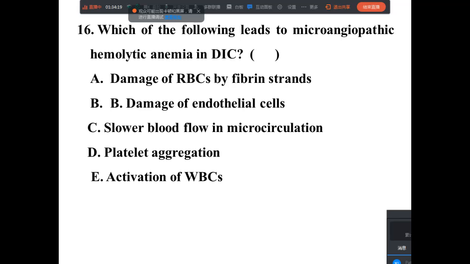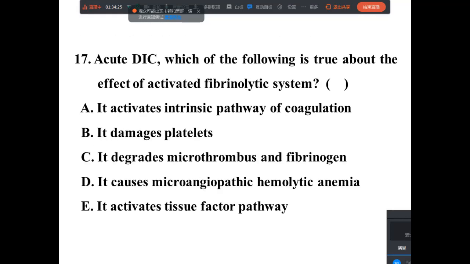Now, red blood cell. Hydrolyze microthrombus and fibrinogen.